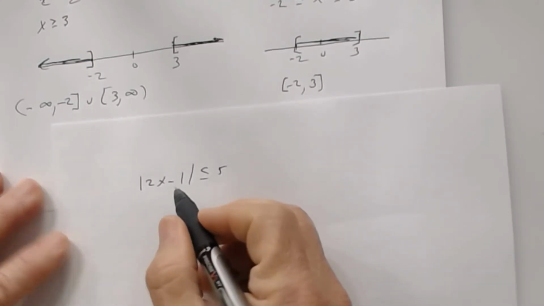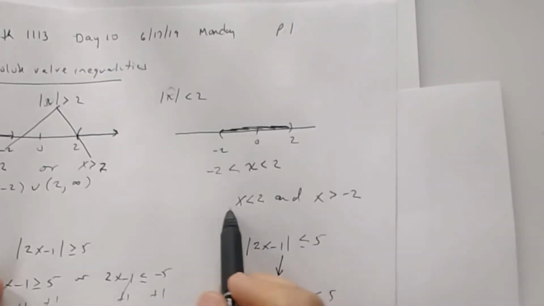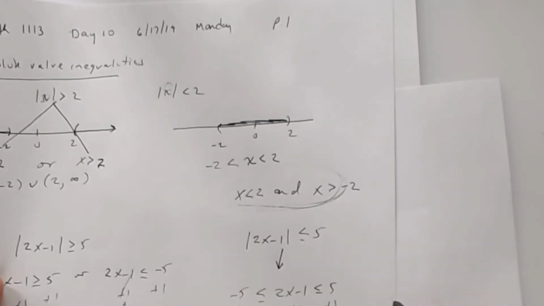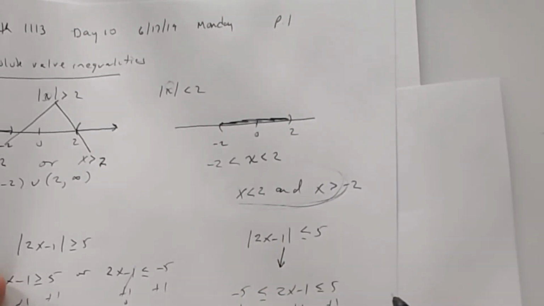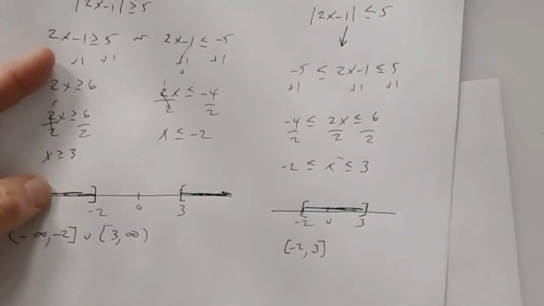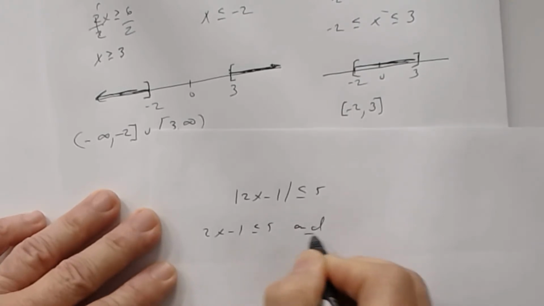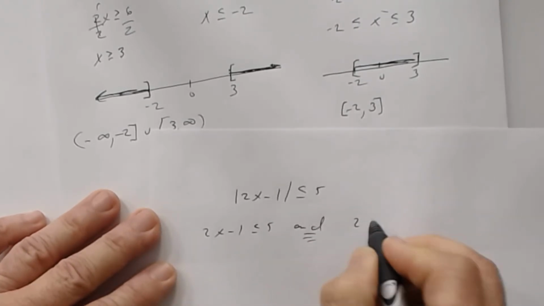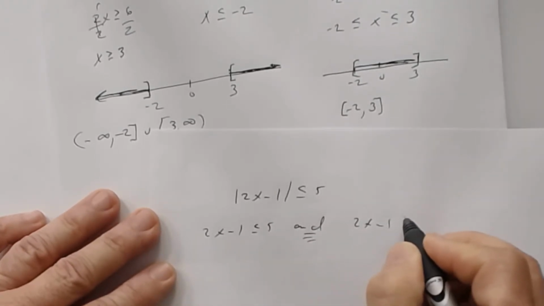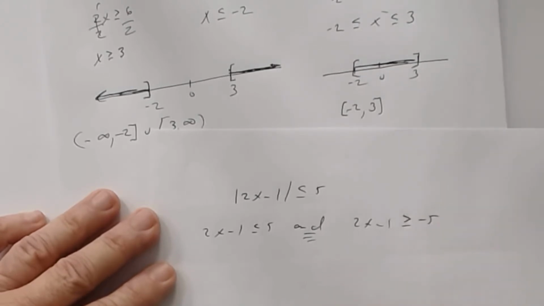So you can use this idea here, that "and" statement. I got to see the word "and," because "and" means intersection. So you would say 2x minus 1 is less than or equal to 5, and at the same time, 2x minus 1 has to be what? Greater than or equal to negative 5.